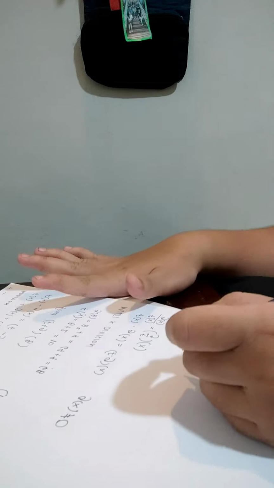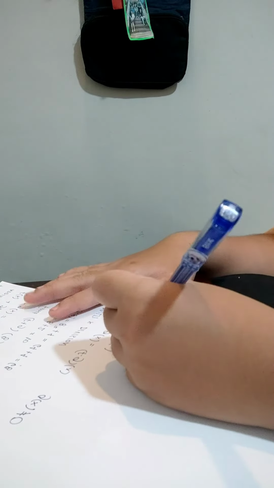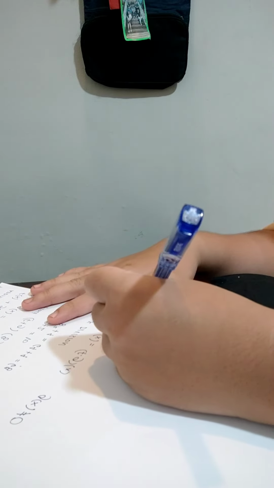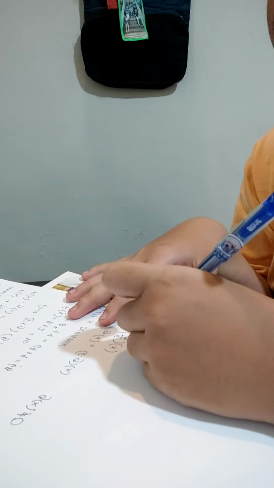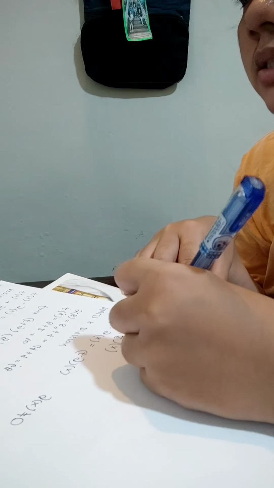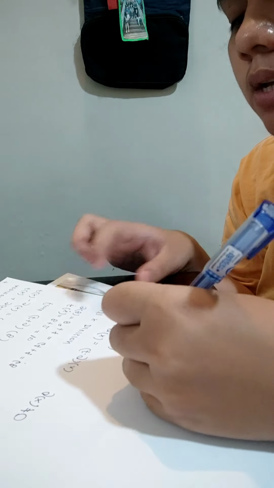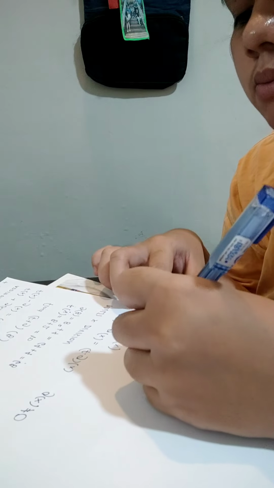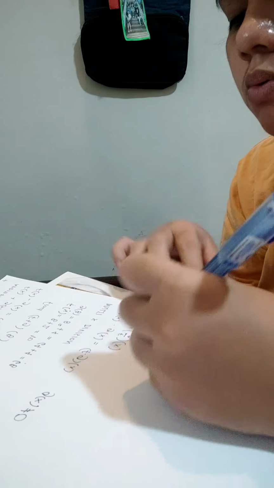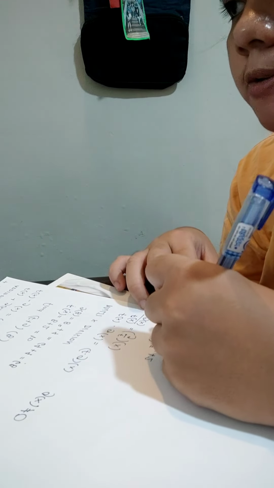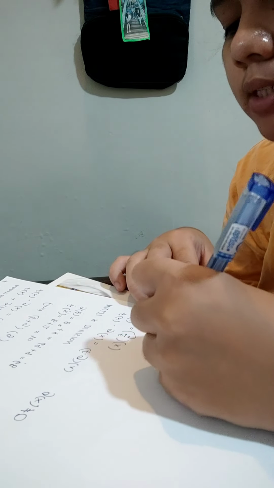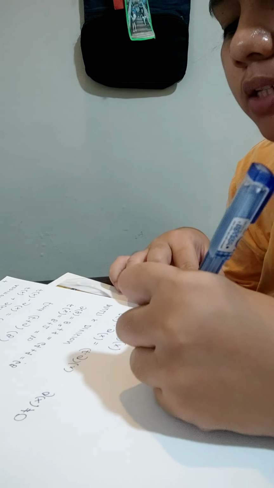So, if f of x equals x plus 2 and g of x equals x squared plus 4, same as in addition and subtraction.